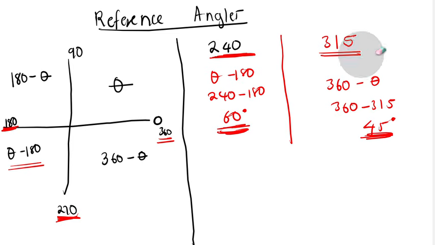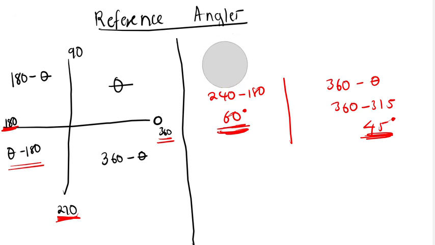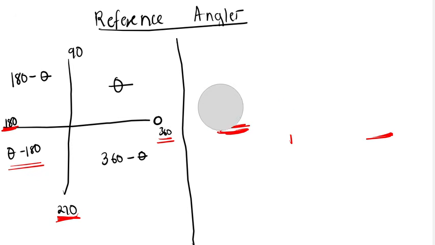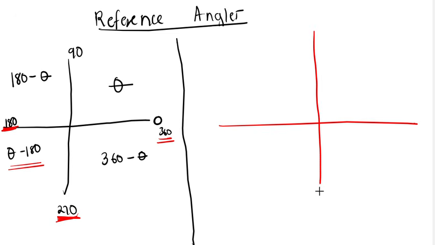Now we also need to take note of when sine is positive and when sine is negative, when tan is positive and when tan is negative. We need to know that, right? 0 to 90 to 180 to 270 and 360.